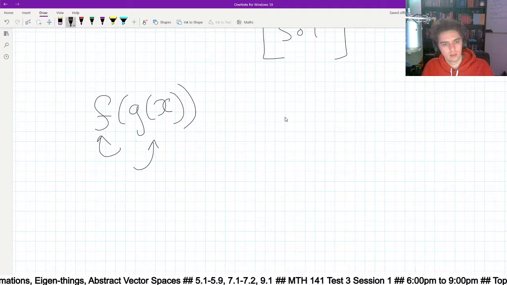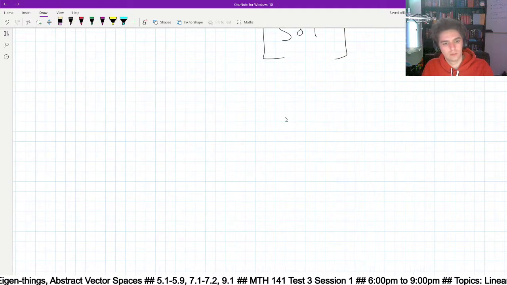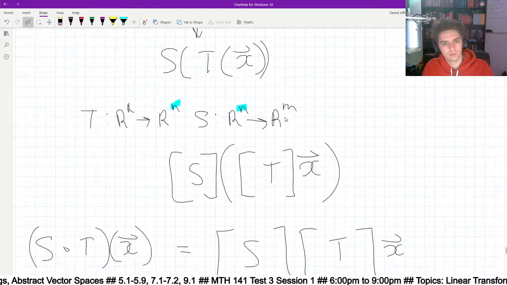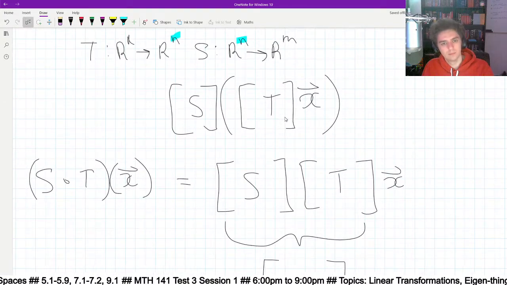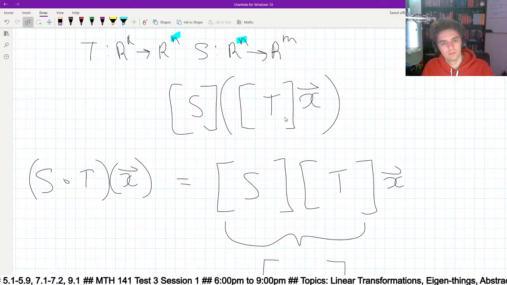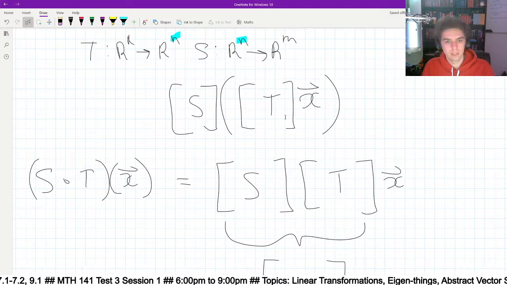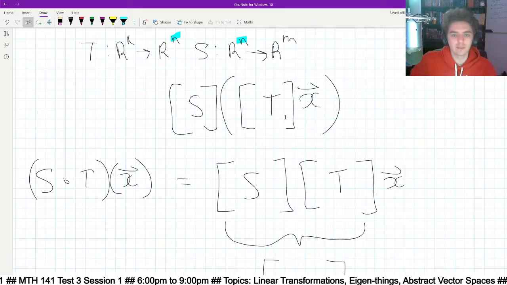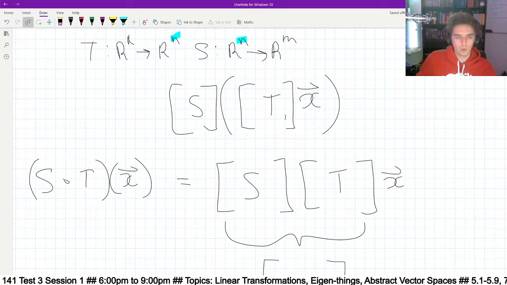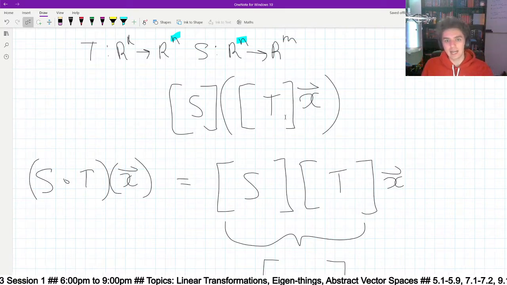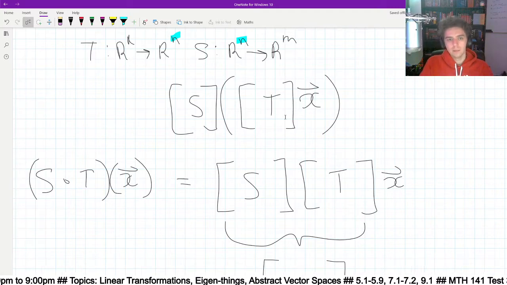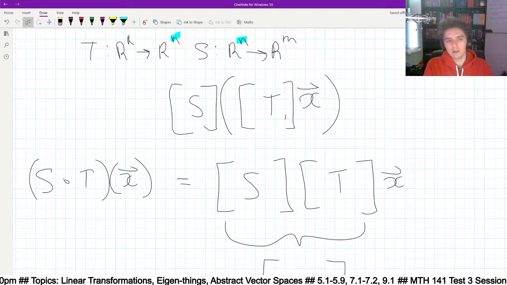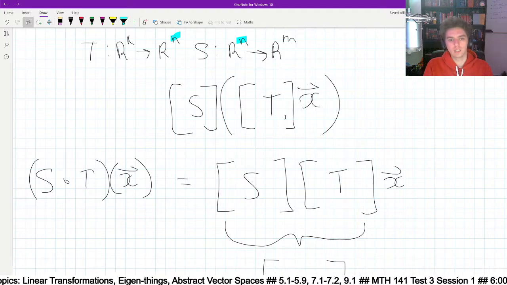So are you saying that T moves Rk to Rn, and then that is moved from n to m with S? Or is it two different things? No, those are two separate transformations. One goes from Rk to Rn. K, N, and M could all be the same, they could all be R2, but it doesn't really matter, as long as the middle ones match up.